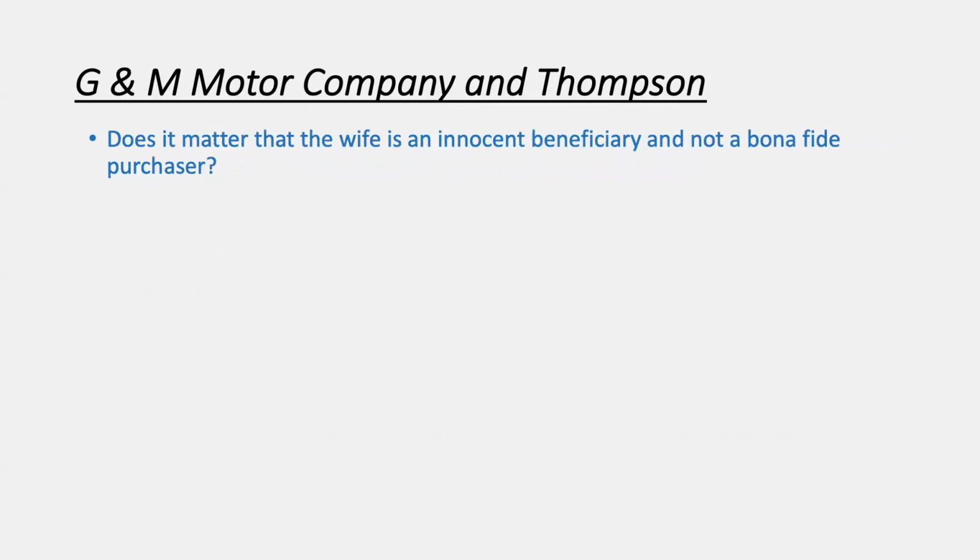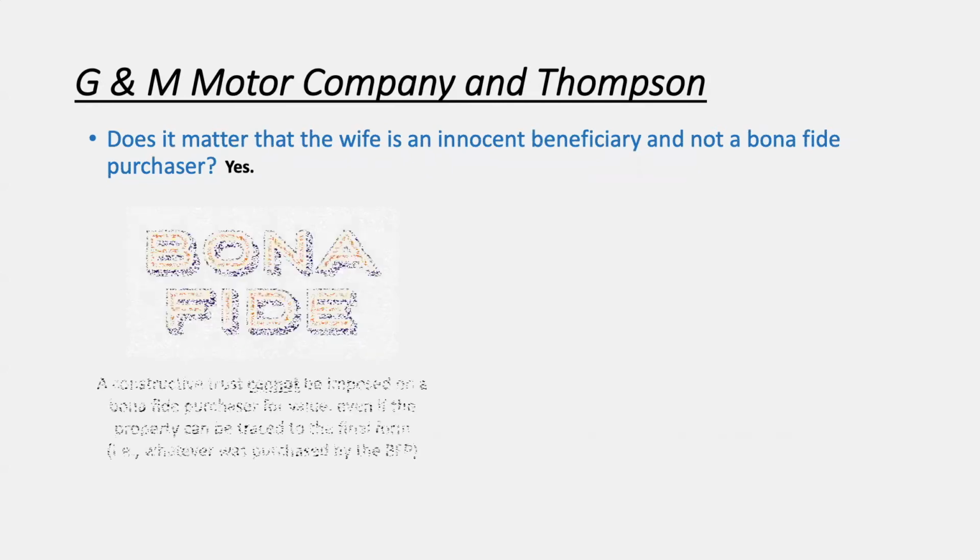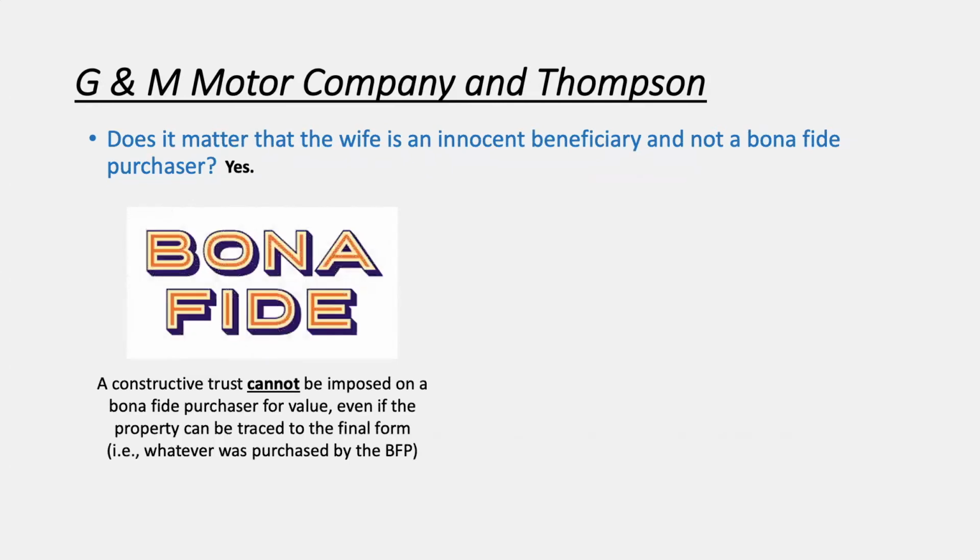And so, what is considered an innocent third party? Well, like we talked about before, a bona fide purchaser. So a constructive trust cannot be imposed on a bona fide purchaser for value, even if the property can be traced to the final form, right?